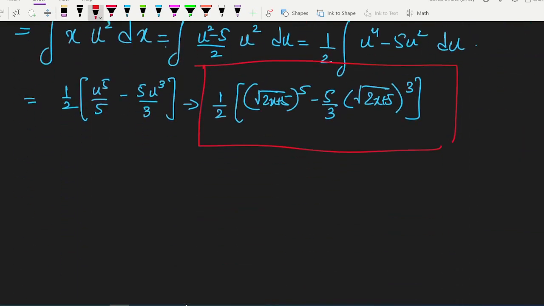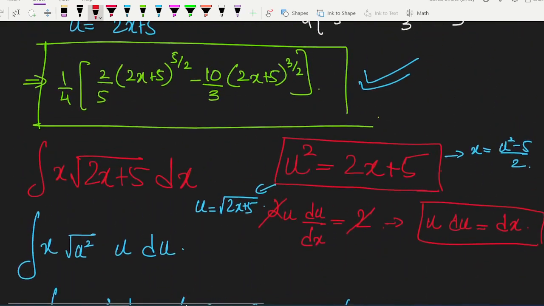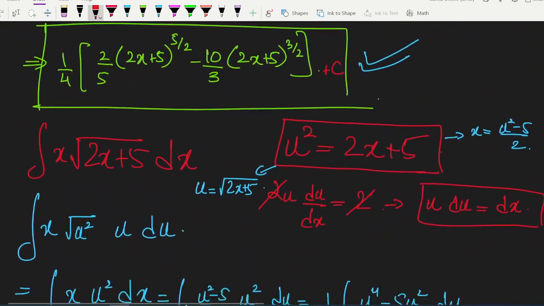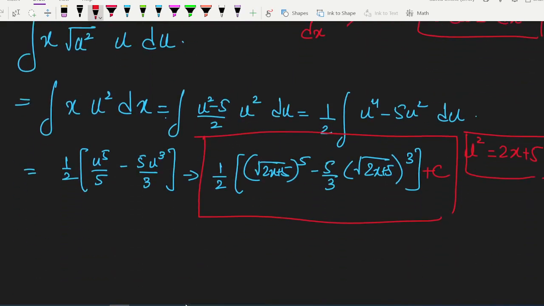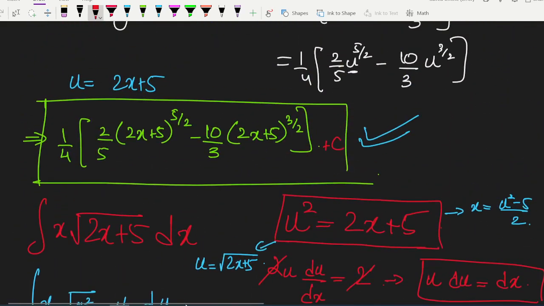Here we substituted u square equals 2x plus 5. Now the substitution should not change the answer, right? And we have plus c there as well. The substitution should not change your answers. So what you have to do is show that these two answers are basically equal, and it is a very easy thing to show.